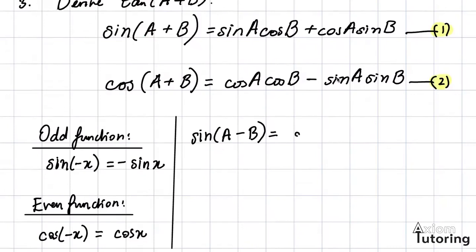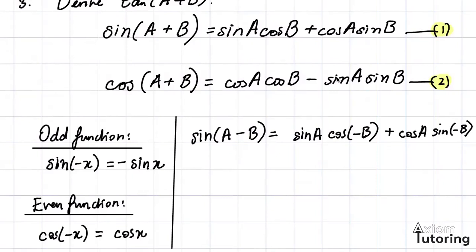So the first thing we can write is sine a here. But then instead of writing cos of b, like we would have in our first expression there, we now have minus b here. So if we have minus b, we're going to write cos of minus b instead of cos of b, okay? And then we can finish that off by writing cos of a stays the same, sine of minus b.